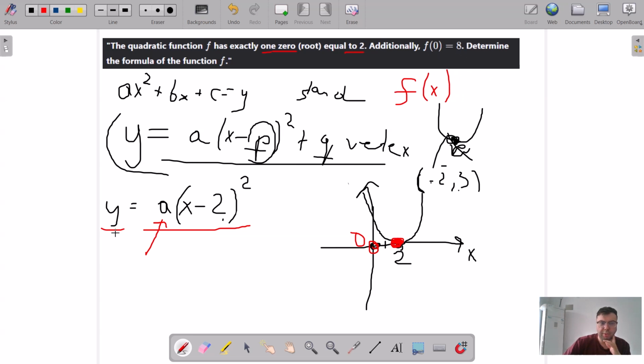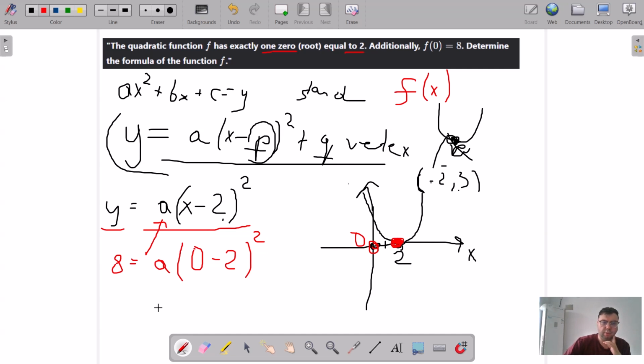So we can set up an equation: 8 equals a, and instead of x we write 0, so 0 minus 2 squared. This equation will tell you what a is.